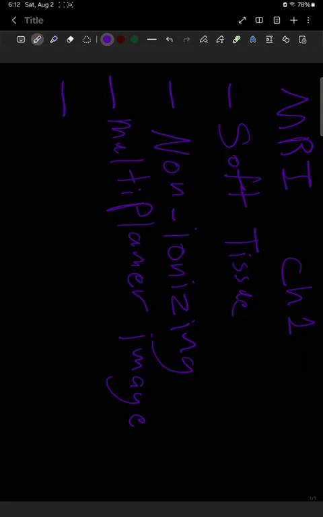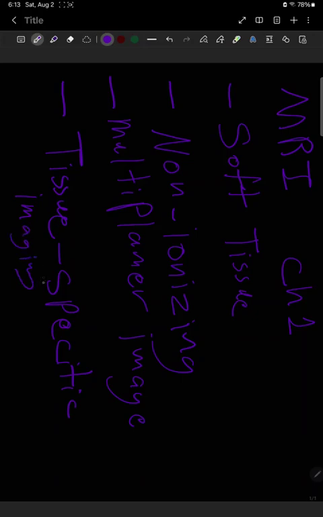And we have also its tissue specific image. So if we would like to study a specific type of tissue inside the body, we could actually adjust the weight of the image, as we're gonna see later, to find or learn about specific tissue inside the body.